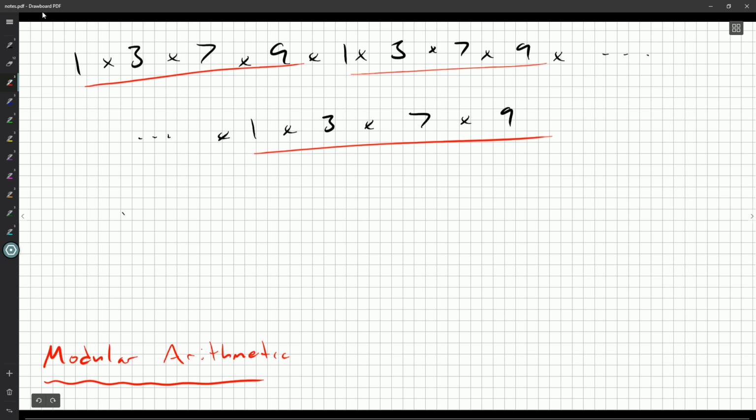How many times? These are the ones that would have had 1, 3, 7, 9. So we're really doing 1 times 3 times 7 times 9 ten times. Multiply that out by itself 10 times, or you could say raise it to the power of 10 if we're very comfortable with exponents. So we're going to do this 10 times.